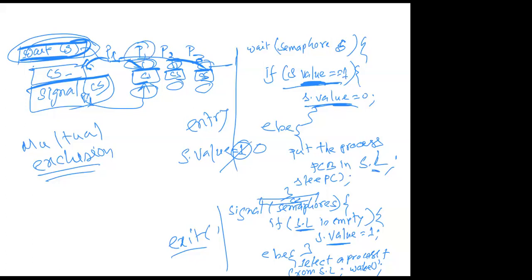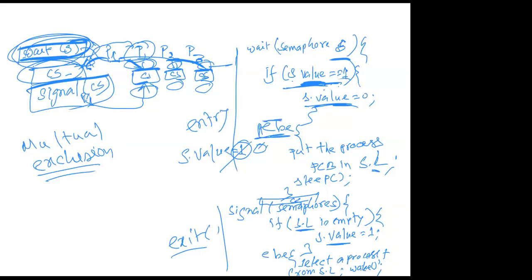Next, let's say another process is trying to enter the critical section. Again, it will call the wait function first, and in the wait function it will see that s.value is 0, not 1. So it will execute the else statement.